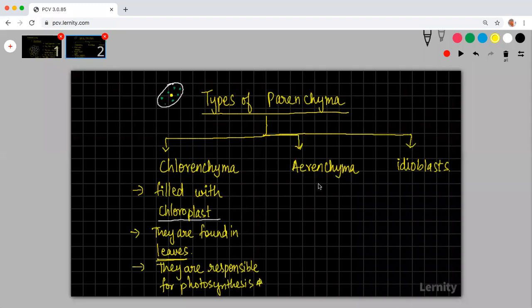For parenchyma itself, storage is a major function. Apart from that, this is a specialized parenchyma which does some extra work, which is photosynthesis. Are we able to understand?